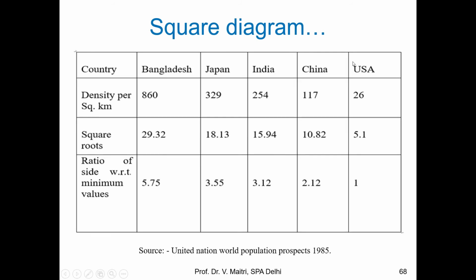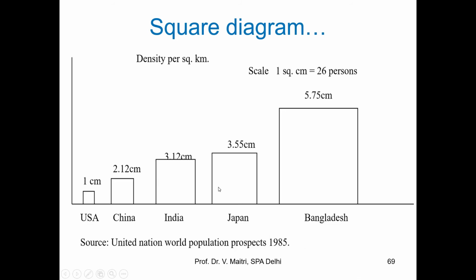So the area in square centimeters tells us how many persons there are. Do you not feel this is a much better presentation of our data?